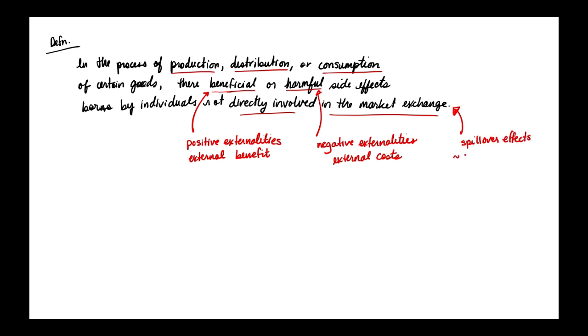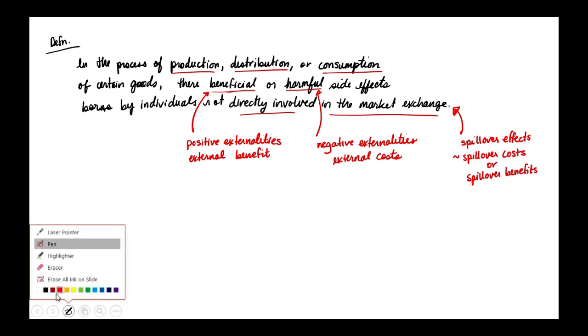So you might see us call them spillover costs and benefits. So in the process of production, distribution, or consumption of certain things, we've got the beneficial or harmful side effects. So we're saying we create external benefits or external costs, and they're spilling over to others that aren't involved in the process. They're kind of innocent bystanders.